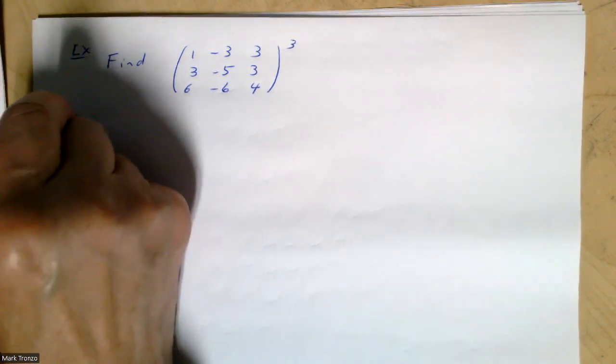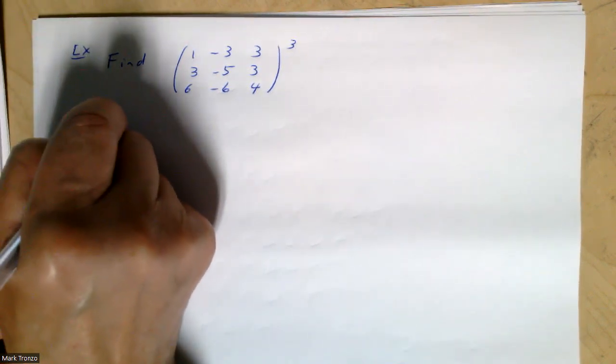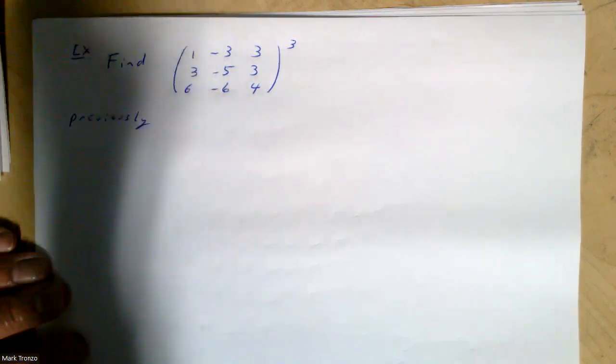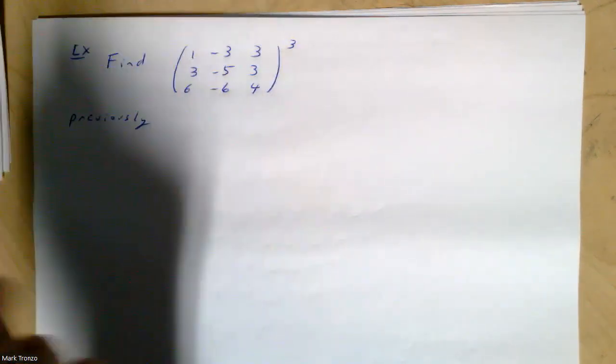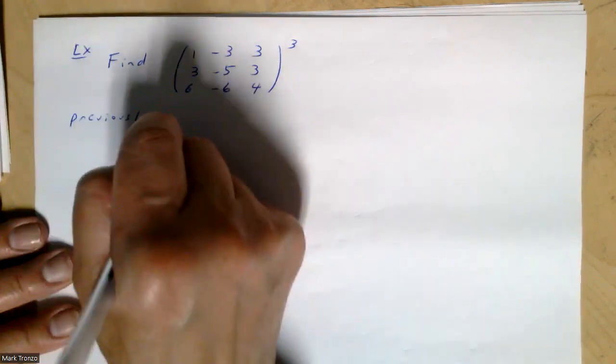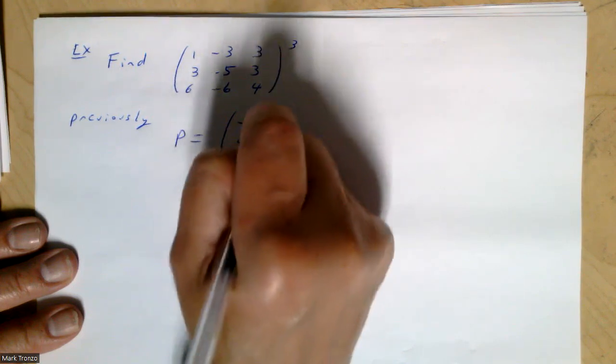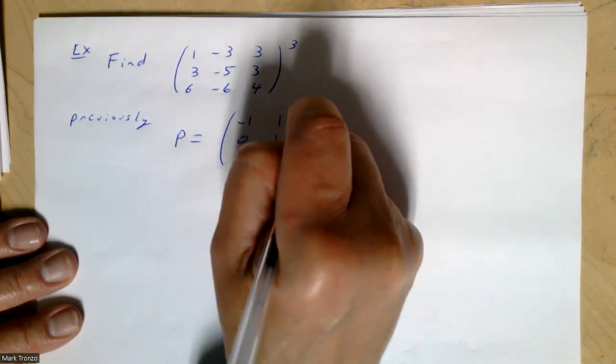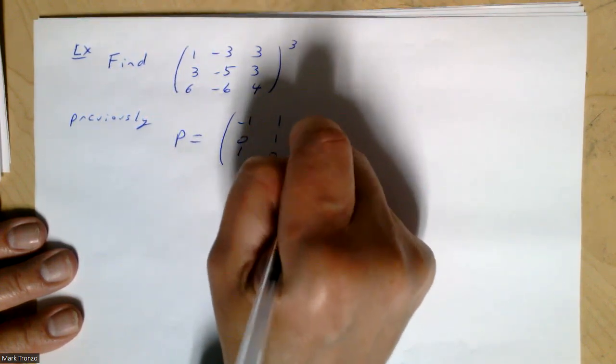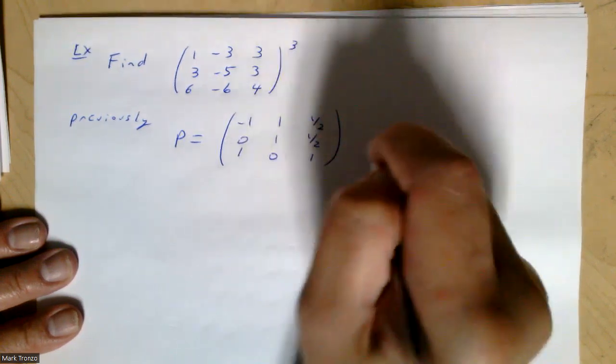Previously, we found that P, when we put the eigenvectors here, was this.